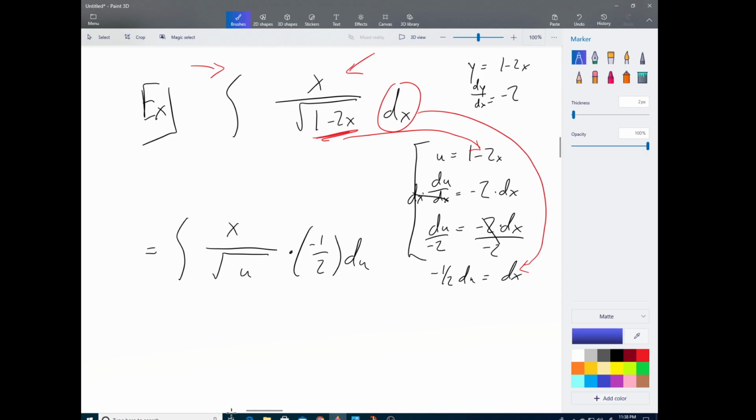So I'm going to use my u function to solve for x. And I get x is going to be the same thing as 1 minus u over 2.